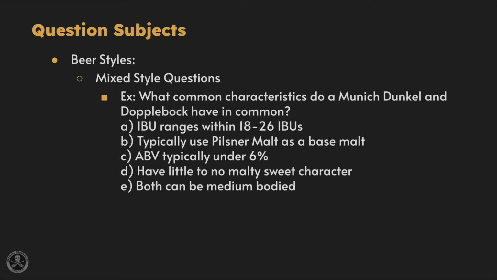And the answer to this question is A, B, and E. Now, C is true for a Munich Dunkel, but it's not for a Doppelbock, so there's kind of the gotcha there on that one. And D is just completely untrue for both of these categories. Now, I will say I do have these listed A, B, C, and D for ease of presentation. When you go to take this test, there'll be check boxes, so you just check off the ones that are the correct answer on the exam.